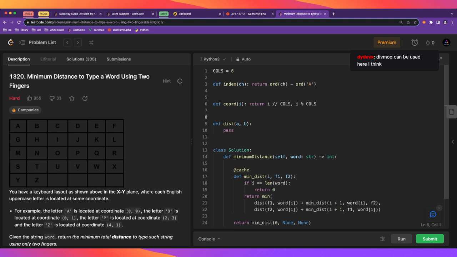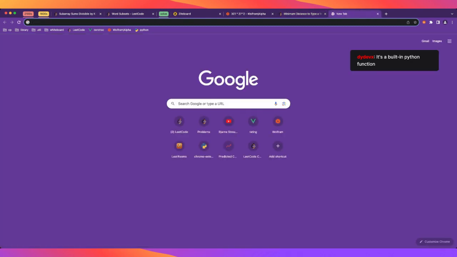Divmod. What do you mean by divmod? I mean, I am dividing and modding. Is there some kind of function like that in Python? Oh, let me check.